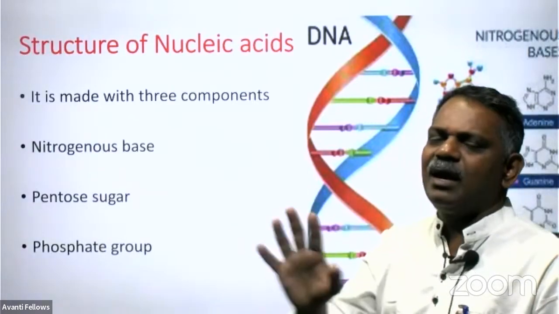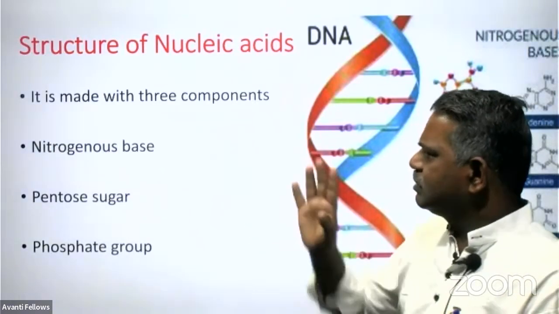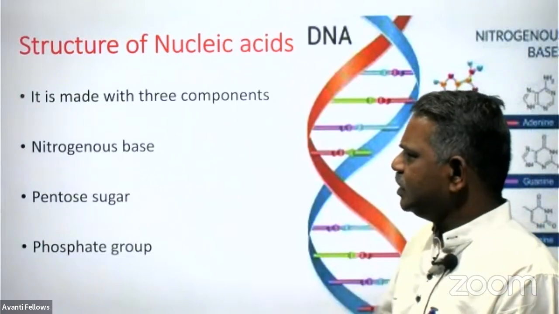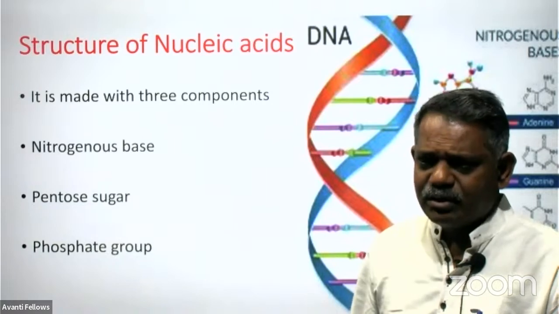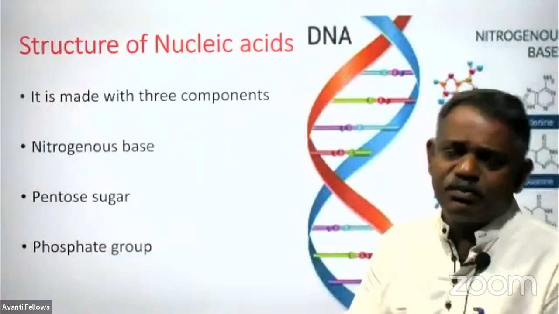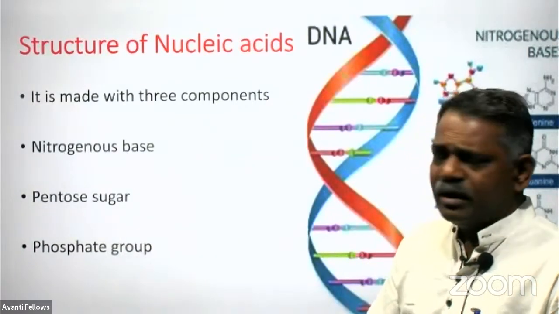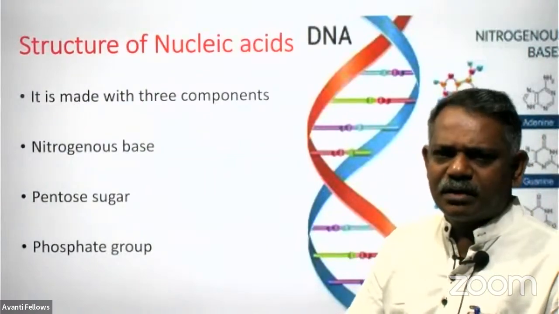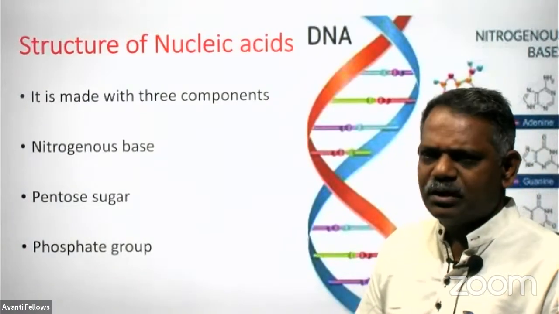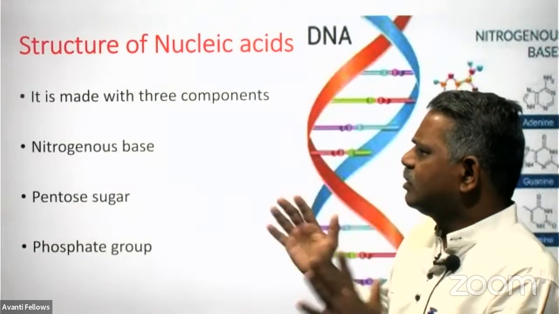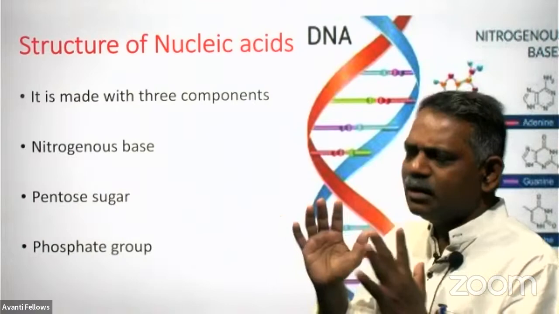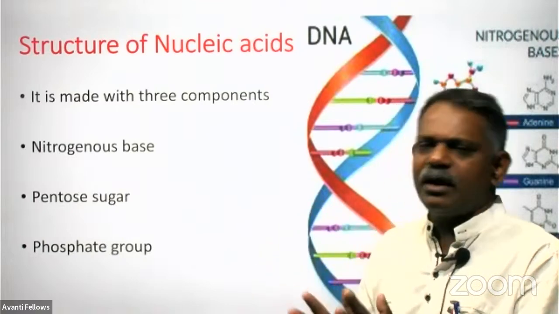One is the nitrogenous base, the nitrogen-rich base. It includes guanine, thymine, adenine, cytosine, and one more, uracil. So these are the 5 nitrogenous bases present in nucleic acids, both DNA and RNA.